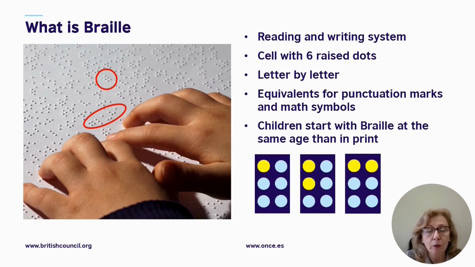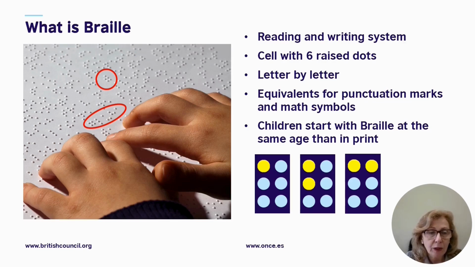Children start reading Braille at the same age as the others read in print, unless they lose their sight at a different age, when they are supposed to be literate and they just need to learn Braille itself. In this image, you can see a text written in Braille and a red circle pointing to a single letter and another one pointing to a complete word.